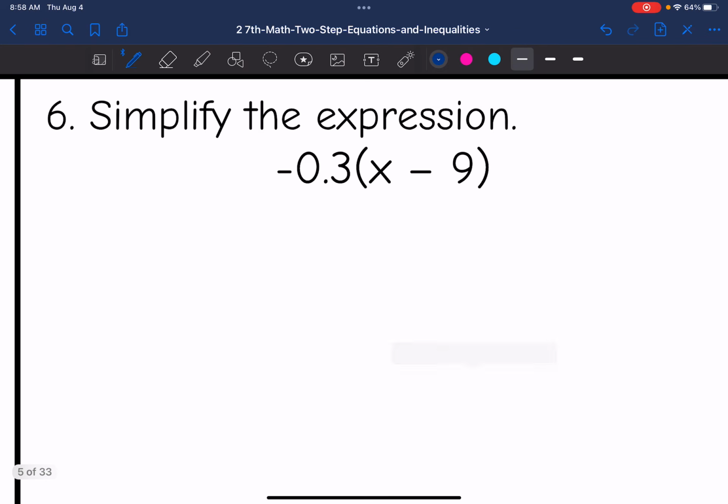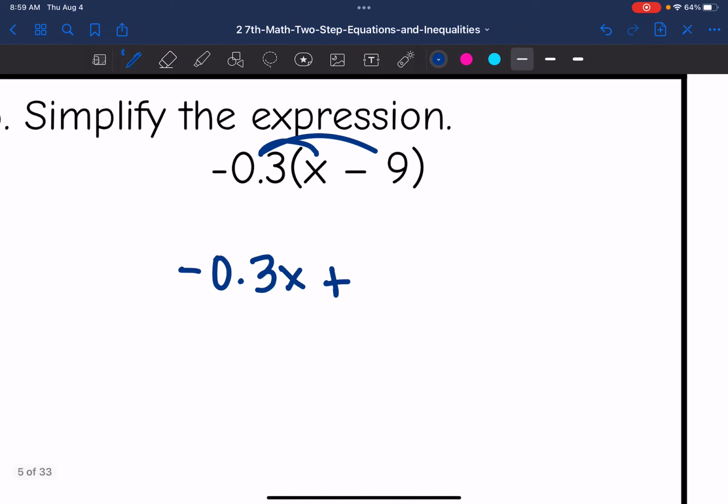Okay, number 6, I have negative 0.3 that I'm distributing. So negative 0.3 times x would just be negative 0.3x. And then I have negative 0.3 times the negative 9. So I have a negative times a negative, so I know that's going to be a positive.